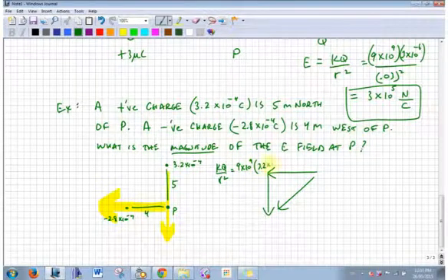Charge is 3.2 times 10 to the minus 4 over the distance, 5 squared, which is 1.15 times 10 to the 5, and if you want a direction, it's south.